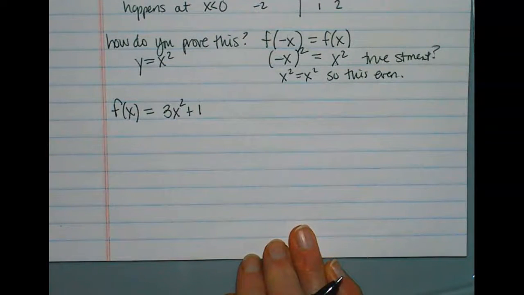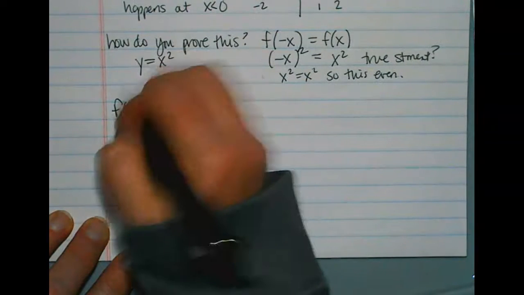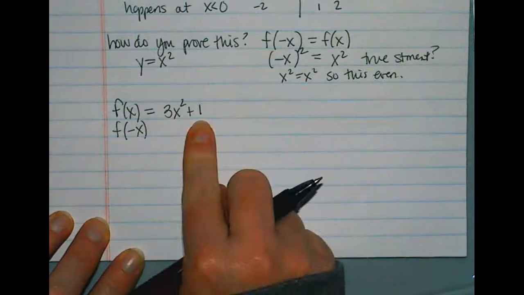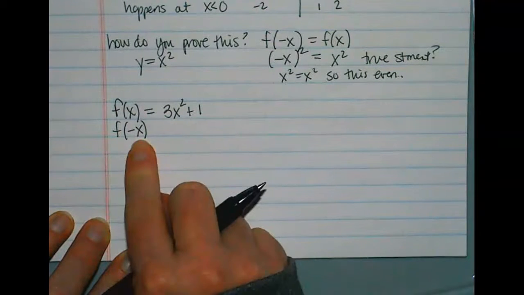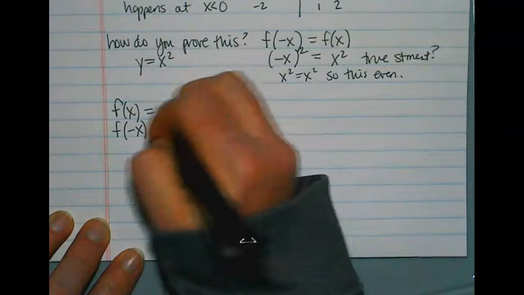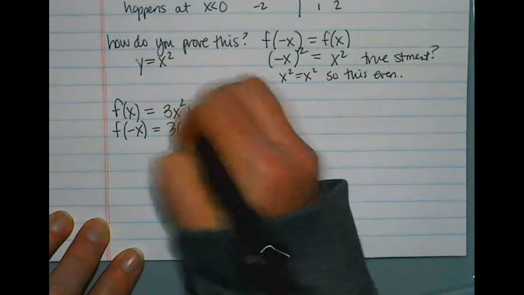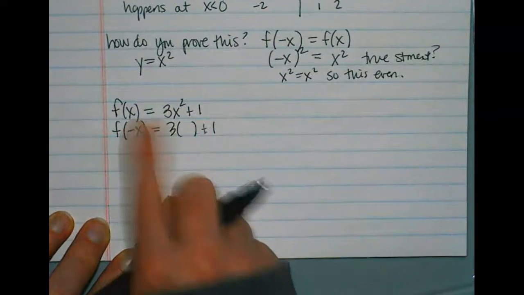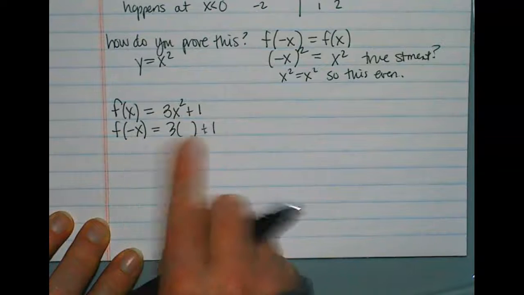But how do we prove it mathematically without a graph? So what we're going to do is we're going to see if we plug in negative x, if we rewrite this function and we plug in negative x, remember function notation means that we can take what's written up there, the 3x squared plus 1, instead of putting x here, we're going to put negative x here.